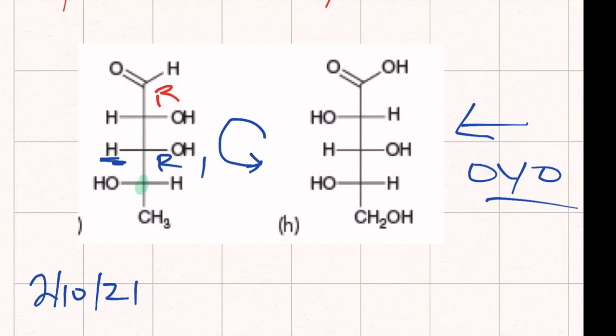No? Right, so we know the OH is going to be 1. Between these two carbons right here, what do you think is going to be 2? Wouldn't it be the top one?